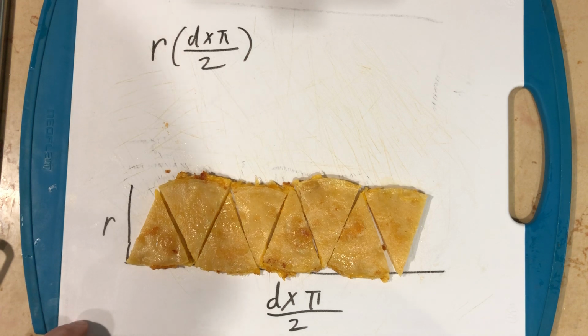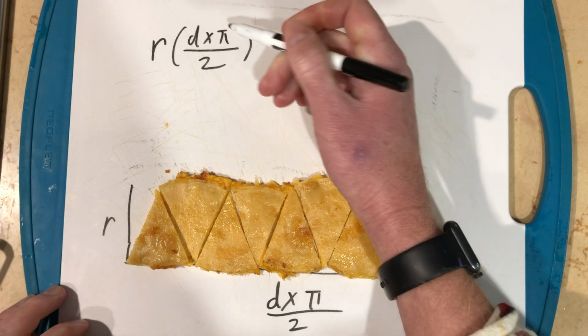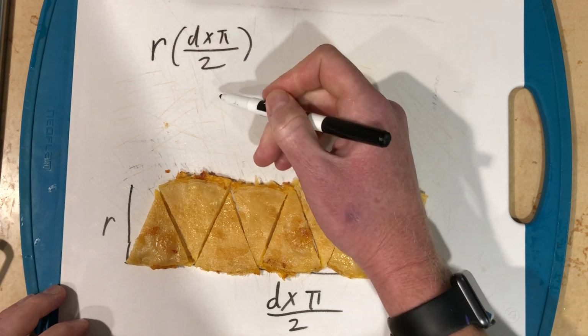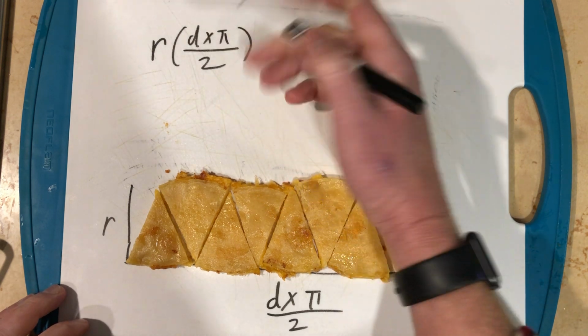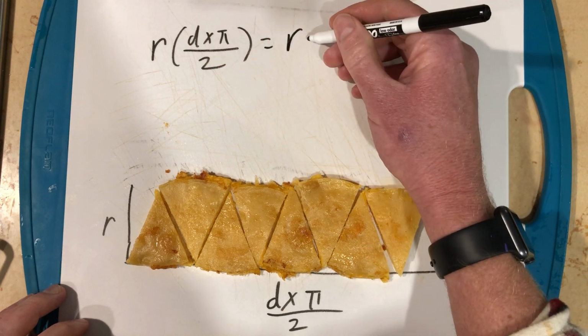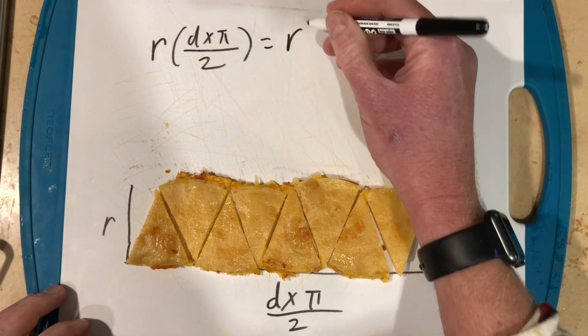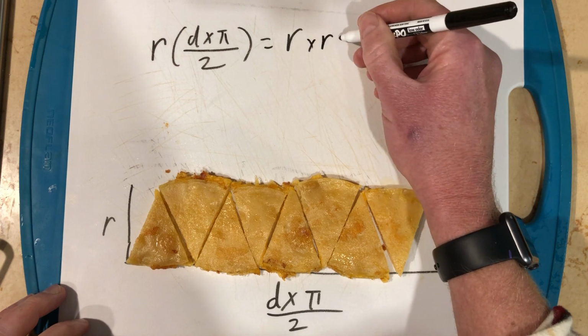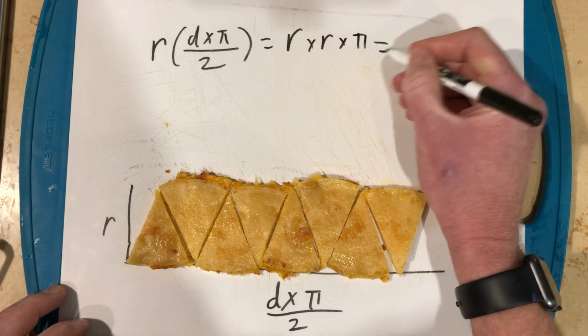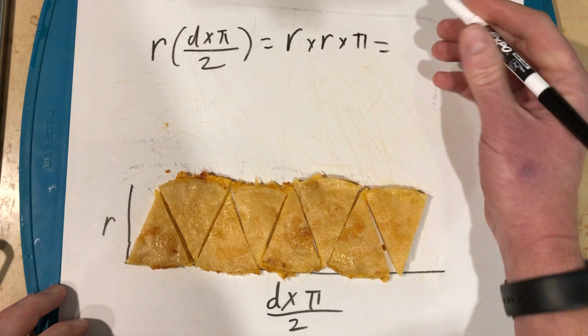Okay, so let's start working here. Now, one thing you'll notice is r is half the diameter. The radius is half the diameter. So we could actually just say, okay, well, that's going to be r times the diameter divided by 2 is r times pi. So we now have r times pi.